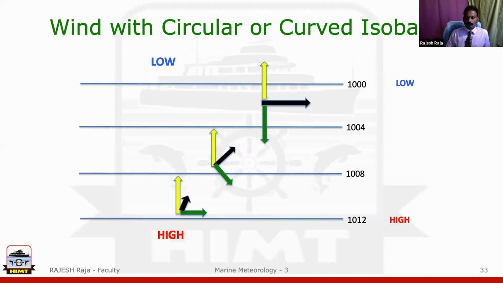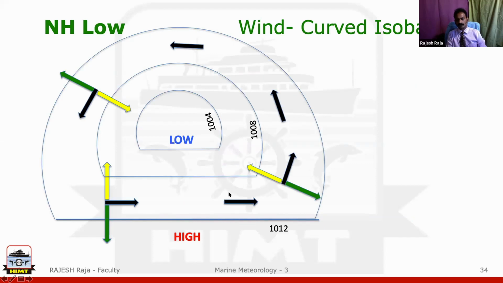So I should be able to formulate something so that I can deduce it for curved isobars, which are more common on your surface weather faxes. So let us take this concept and move forward. I'm going to keep the bottom part of these parallel isobars exactly the same and curve the top parts. Now this is what curved isobars are.